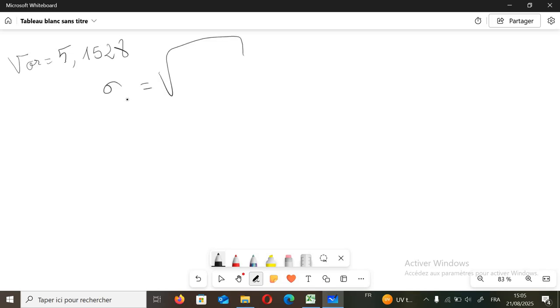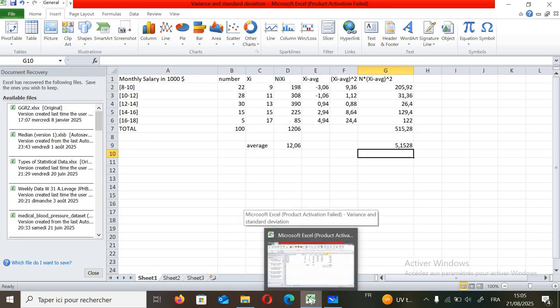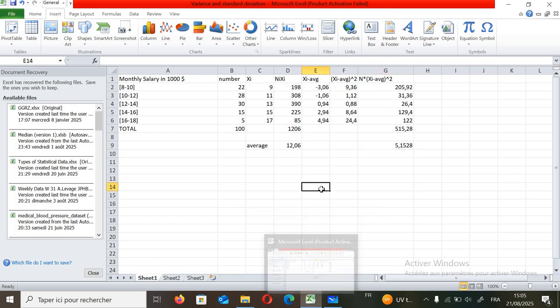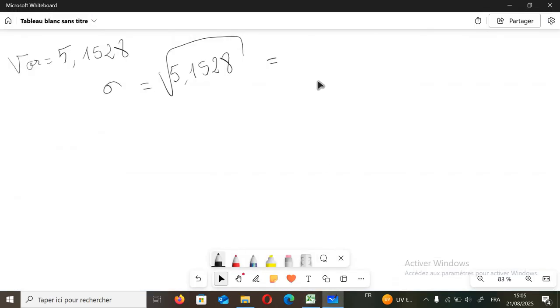If we calculate the square root here, it will give us 2.27.